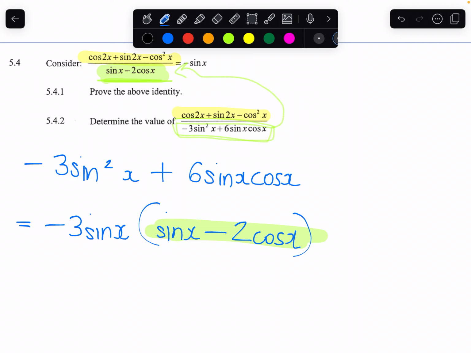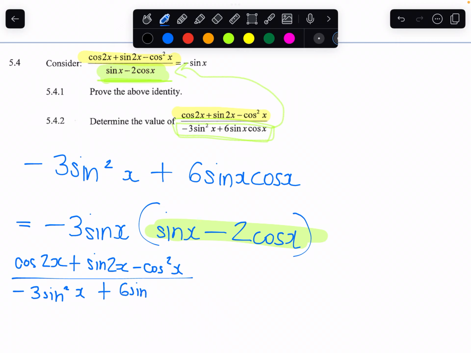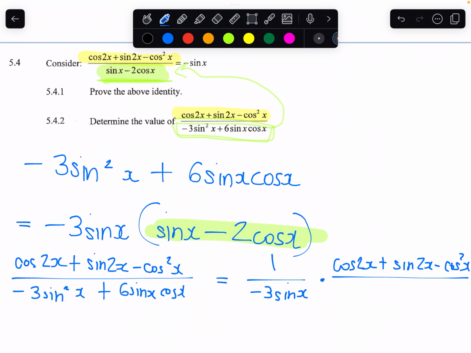So essentially what we have uncovered is that cos 2x plus 2 sine 2x minus cos squared x, divided by negative 3 sine squared x plus 6 sine x cos x, is the same as 1 over negative 3 sine x times our original expression, cos 2x plus sine 2x minus cos squared x divided by sine x minus 2 cos x.